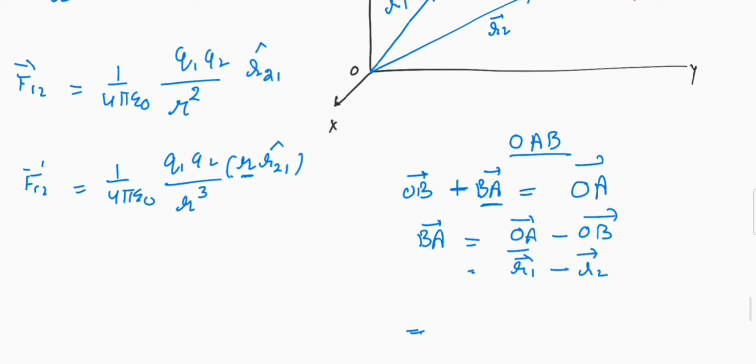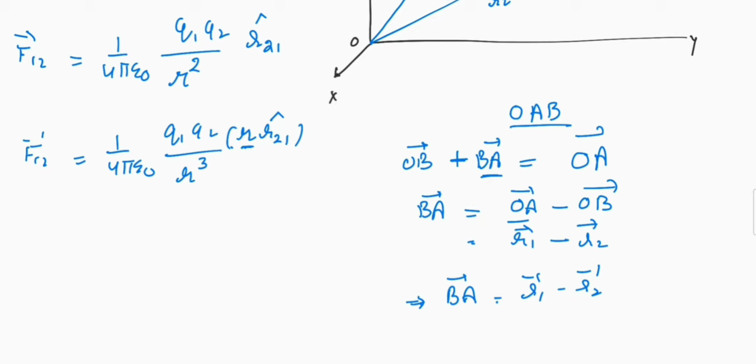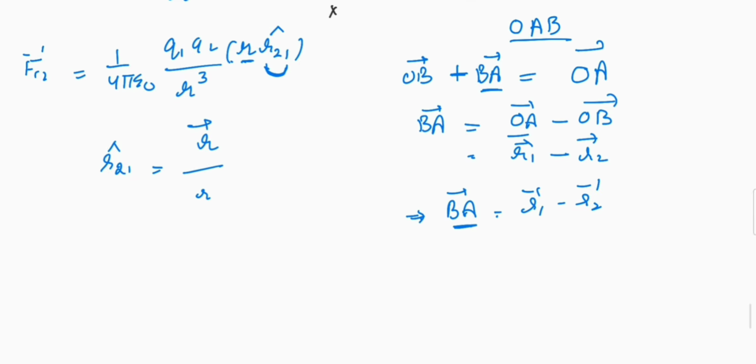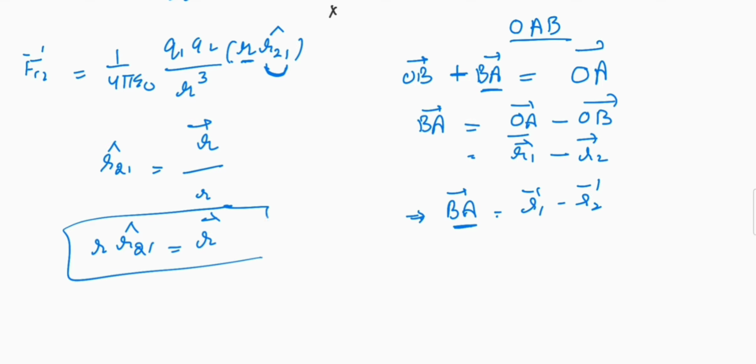So this implies BA, which is R vector, is equal to R1 minus R2 vector. You know that we can write this R21 unit vector as R vector divided by the R vector magnitude, which is equal to R. So we can write this BA in this form also. So R multiplied by this R21 unit vector is equal to R vector, which is equal to BA.